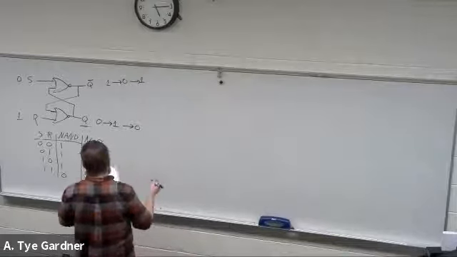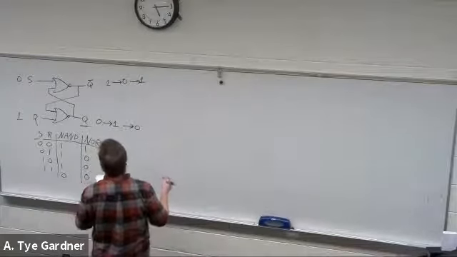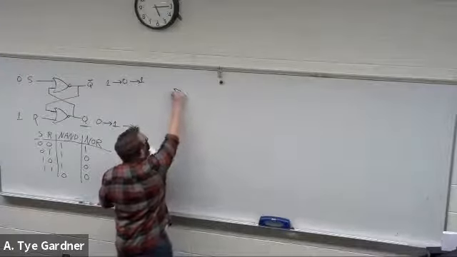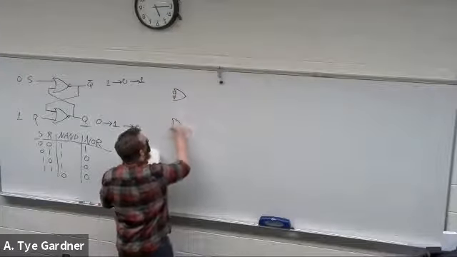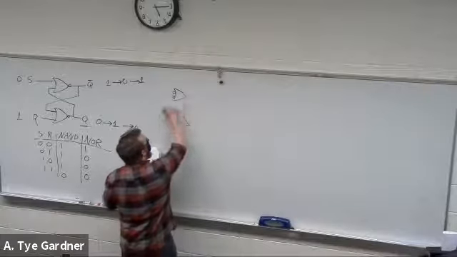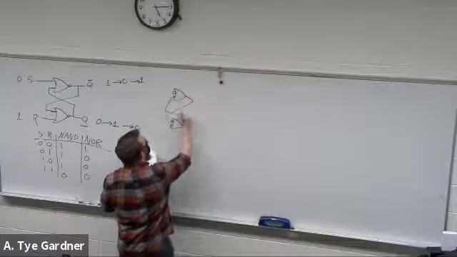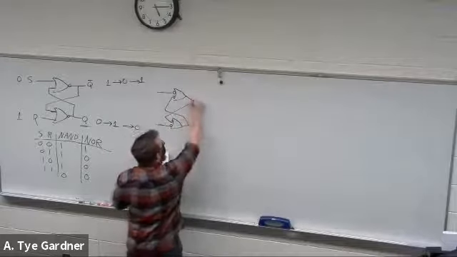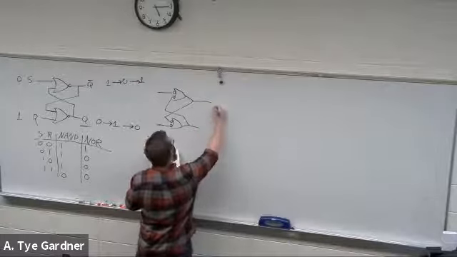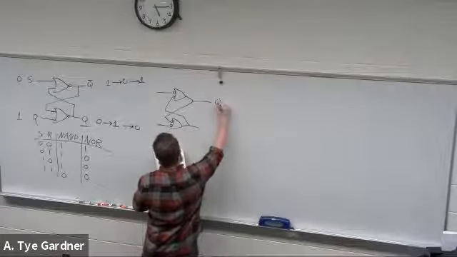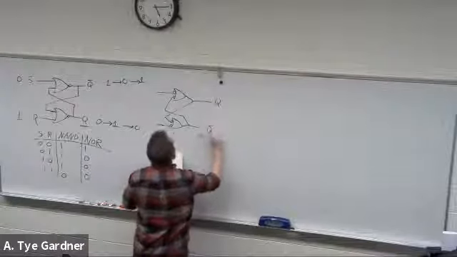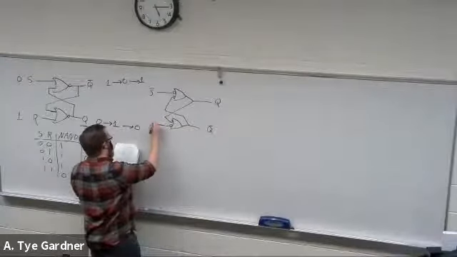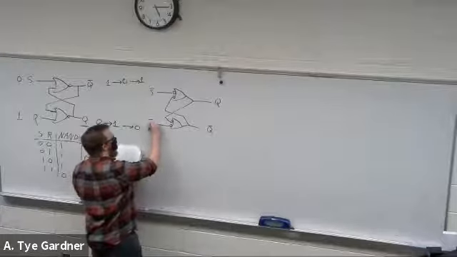We can also do other designs, right? So the first one that I screwed up is the cross-coupled NAND gate with Q and Q bar, but they are not S and R, they're not set and reset.